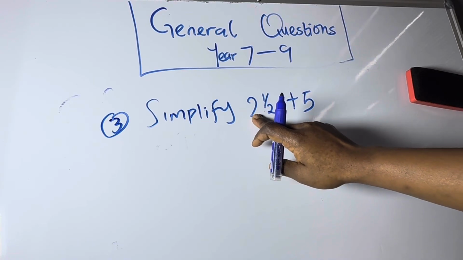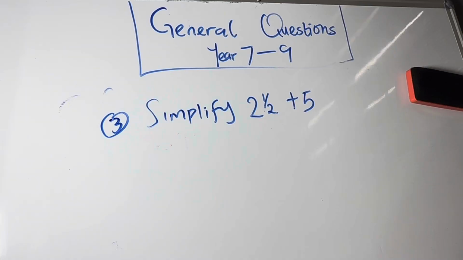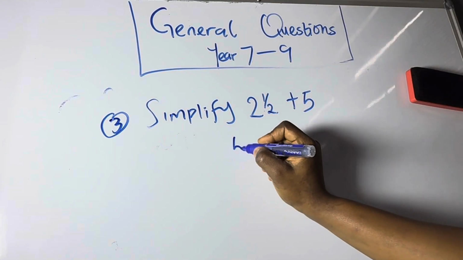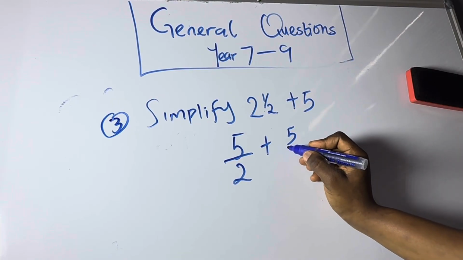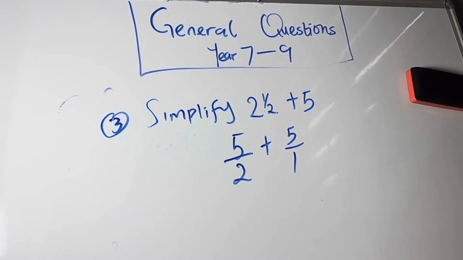So which means 2 multiplied by 2 is 4 plus 1, that's 5/2 plus 5. Now there's an invisible over 1 here.